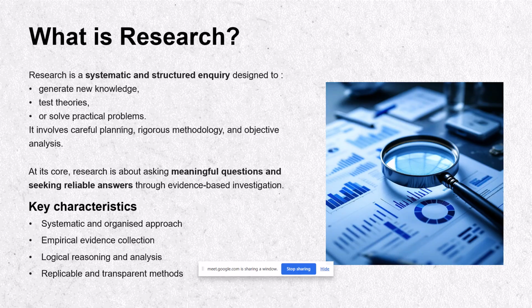We have replicable and transparent methods. That's very important, and that's even the main reason we write an article or research paper. We write articles for other researchers to replicate what we did. So whenever you are conducting research, you have to make sure that your research is replicable and you have transparent methods, so you are not hiding some information.